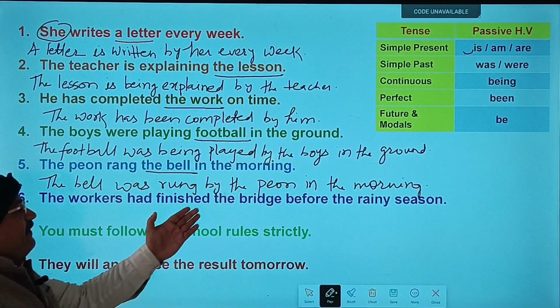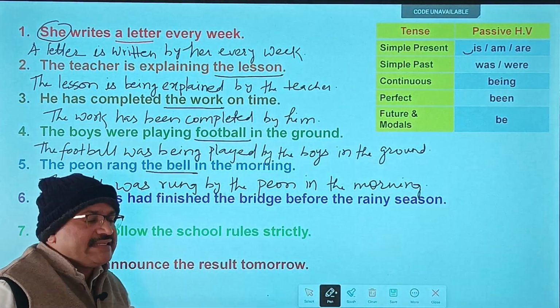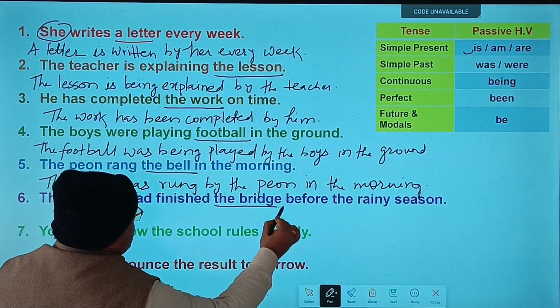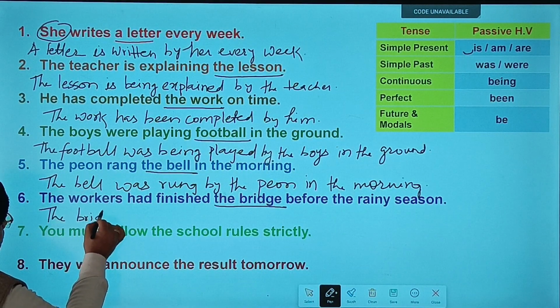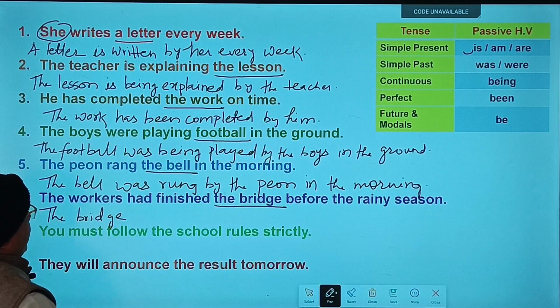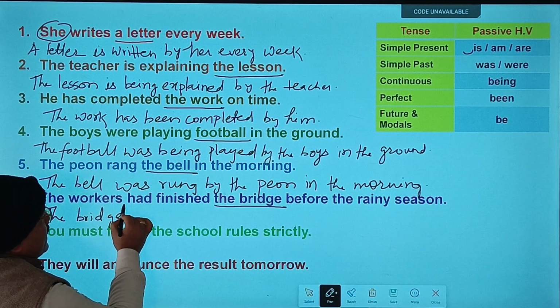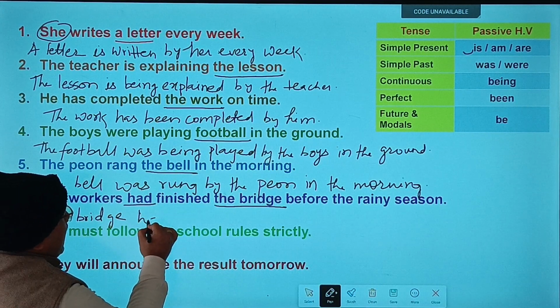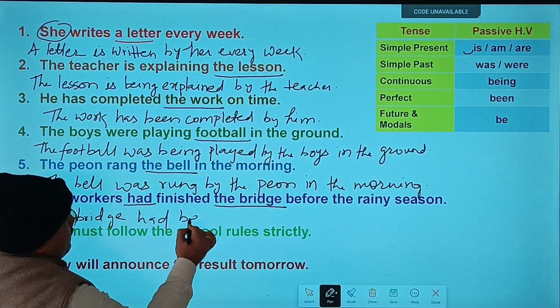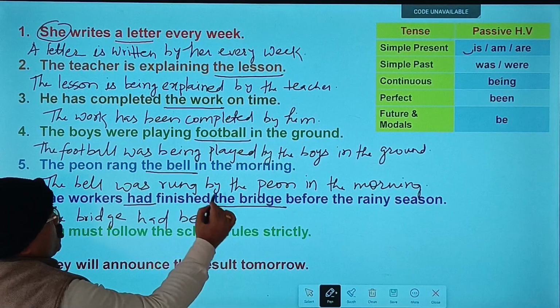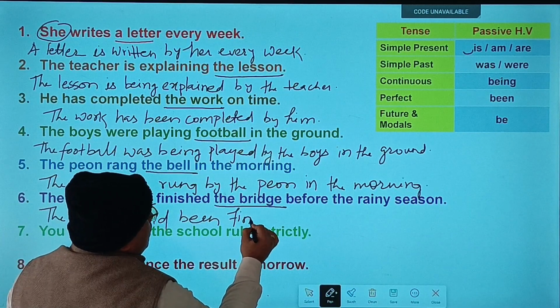The workers had finished the bridge before the rainy season. What is the object here? The bridge. The tense is had, past perfect, so had been, what? Finished, the main verb in third form.